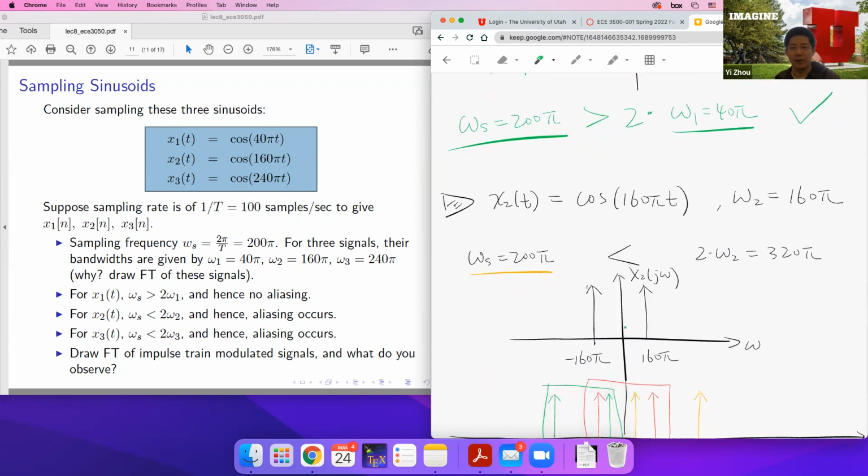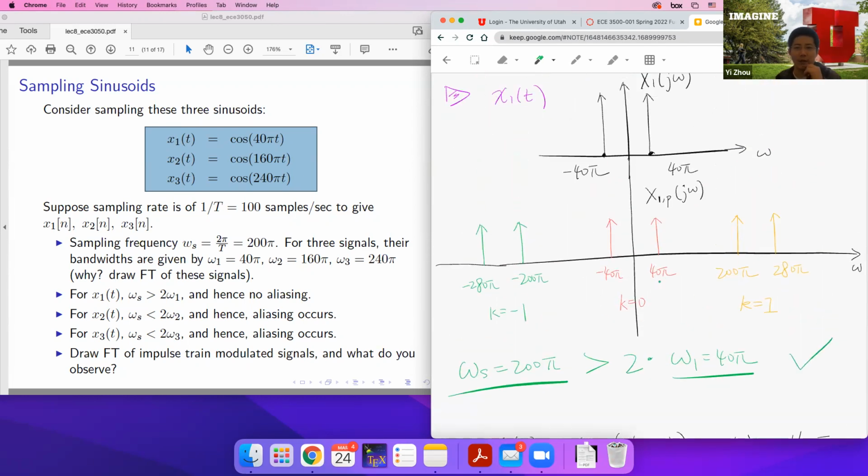Oh, yeah, I should shift by 200 pi. Yes. Omega s is 200 pi. So this is 240 and 160.